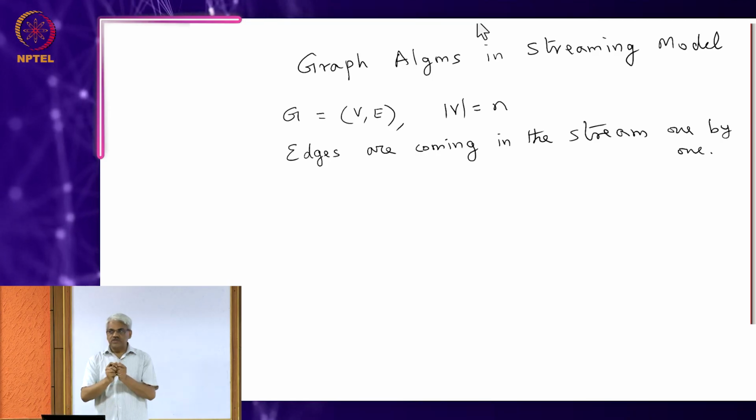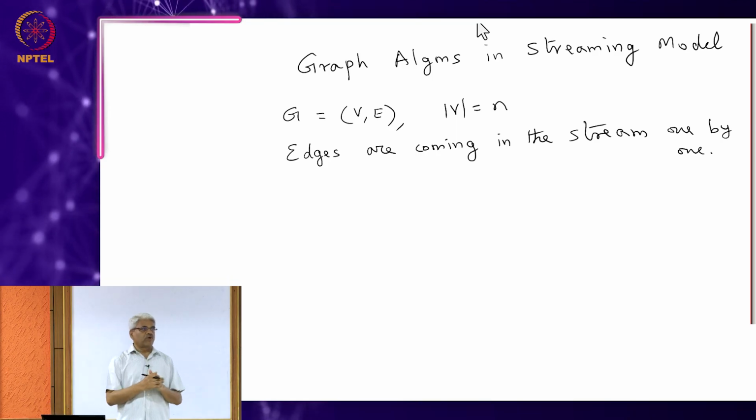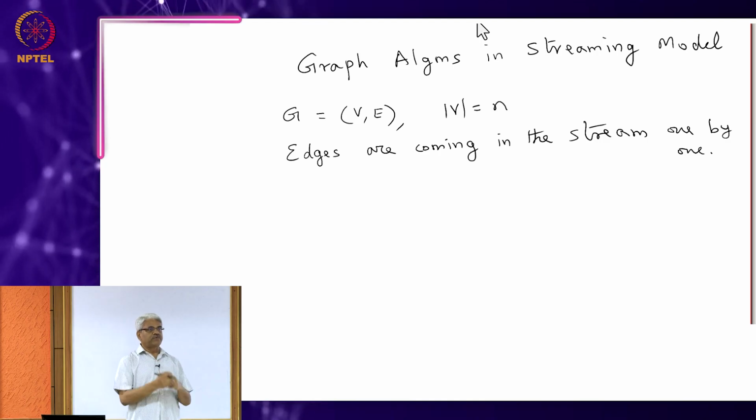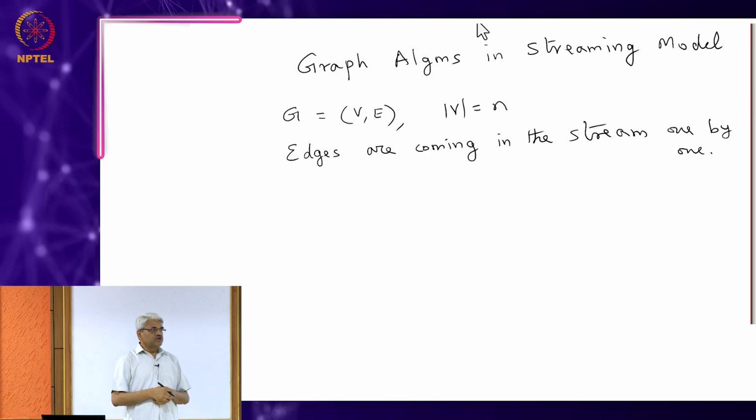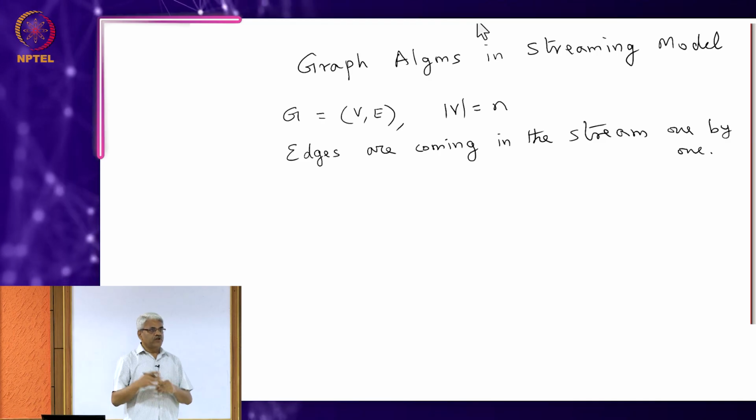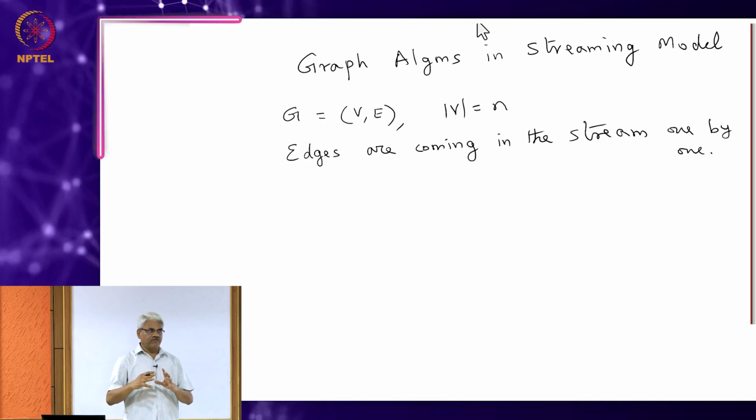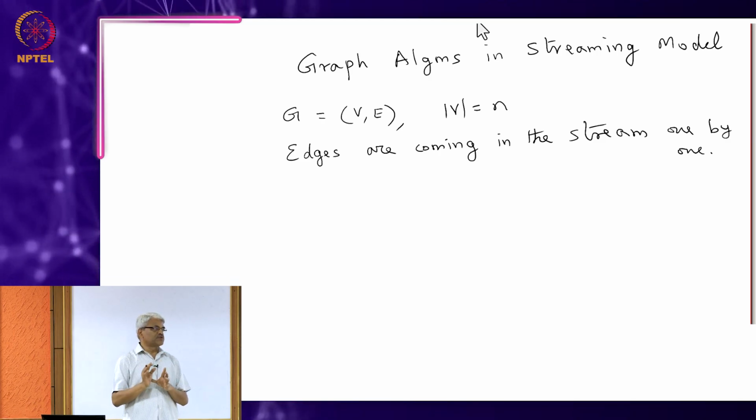So we are trying to solve some problem. Let's say you want to find the shortest path between a pair of vertices. That's a query you want to answer. When a new edge comes, you update your graph, and then you should answer the question.